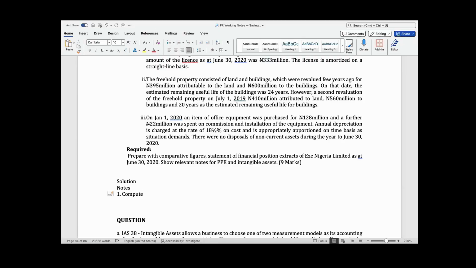For this computer software now, what's the cost of the computer software?